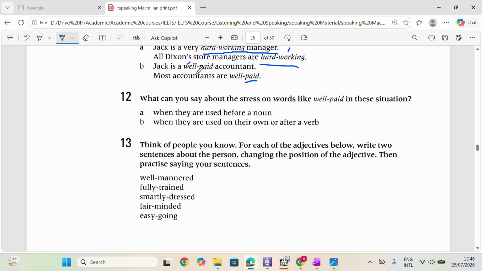Like what happened for well-paid here. Jack is a well-paid accountant. In the first sentence, well-paid was an adjective for accountant. We call it an attributive adjective because it attributes or describes accountant. In the second sentence, it was a predicate adjective used without a noun, well-paid. If you can do that, it's okay.